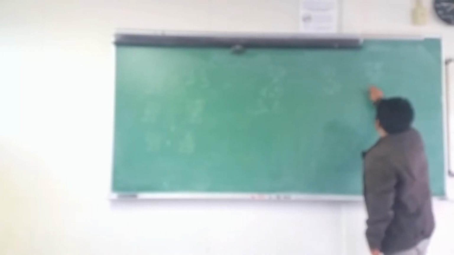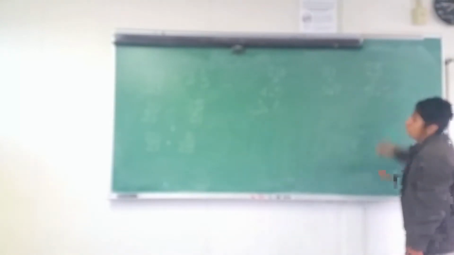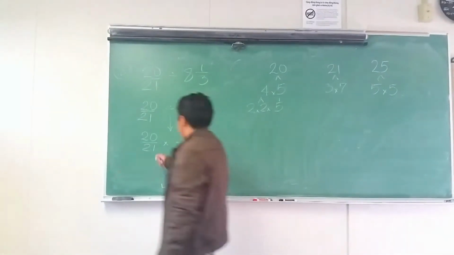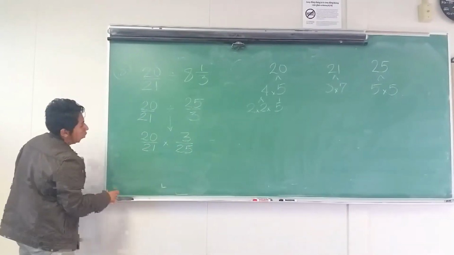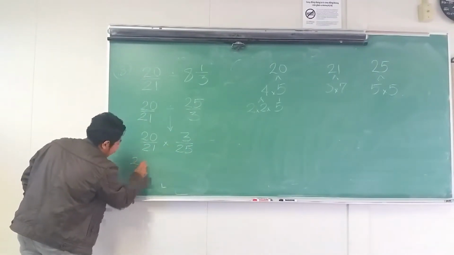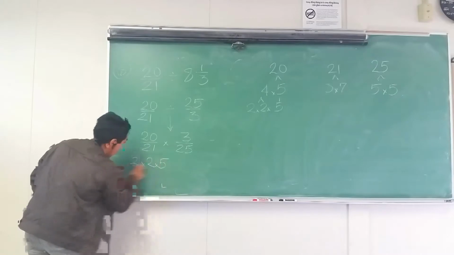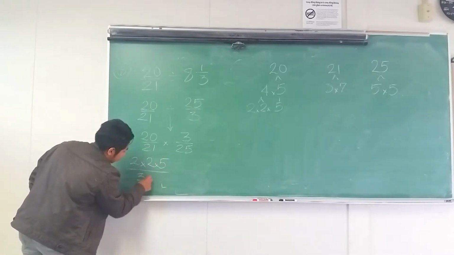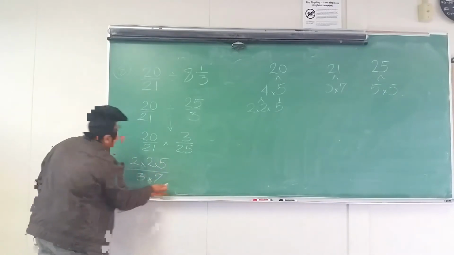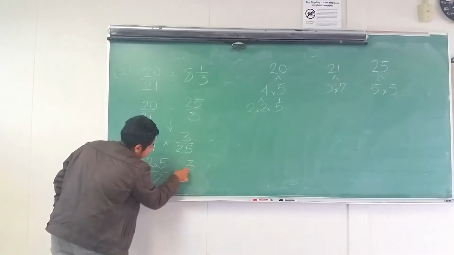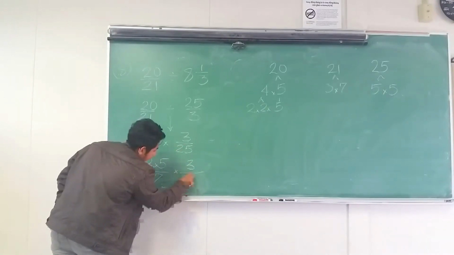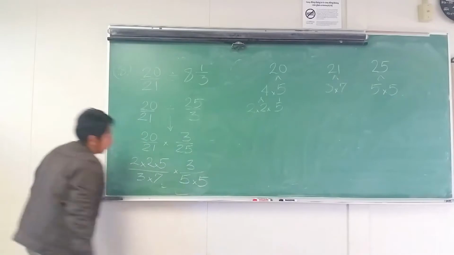It will be a 5 times 5. So let's rewrite that. For 20, I'm going to have a 2 times 2 times 5. For that 21 at the bottom, I'm going to have a 3 times 7. And for that 3, it's just a 3. And that 25 is a 5 times 5.